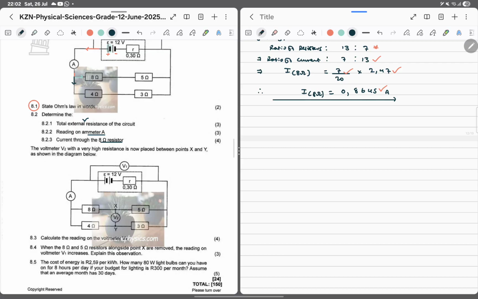Okay. 8.3 says 2 voltmeters V2 and a very high resistance. The voltmeter V2 with a very high resistance is now placed between points X and Y, as shown in the diagram. So there it is, okay? We need to calculate the reading on V2, because the V2 is going to read the potential vertically across those two, okay?